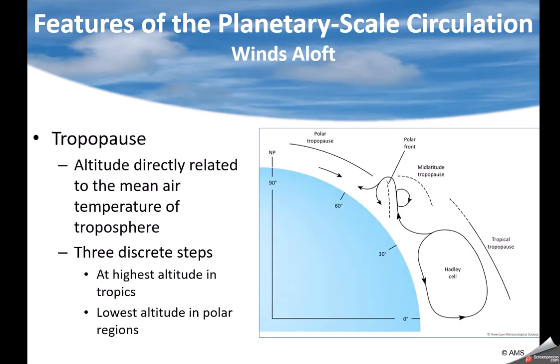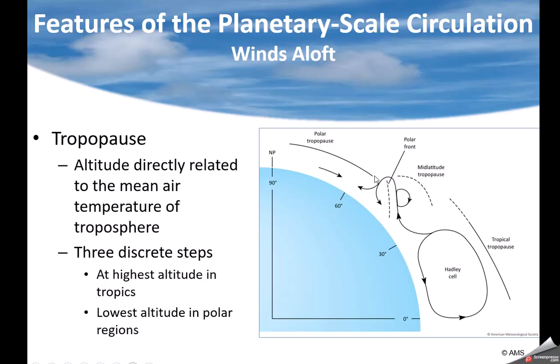All right, so we've talked about the tropopause being highest down near the equator and lowest up near the poles. Well, if you think about it, air almost always very cold north of 60 degrees north. So the tropopause pretty uniform, very low. Same thing down towards the equator, pushes it well up.